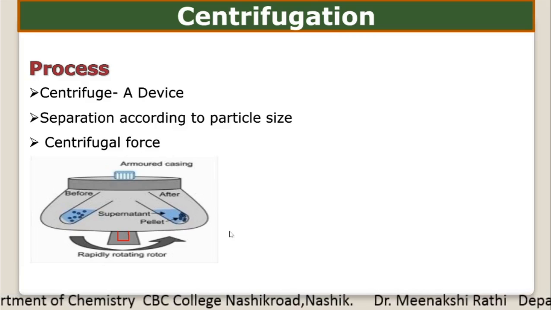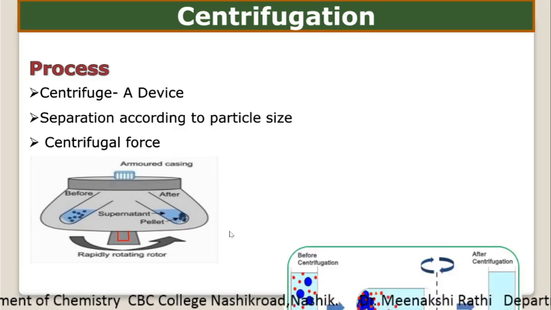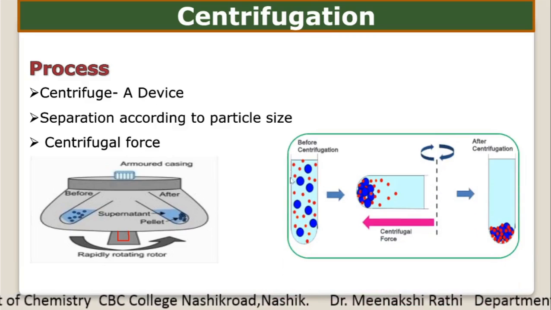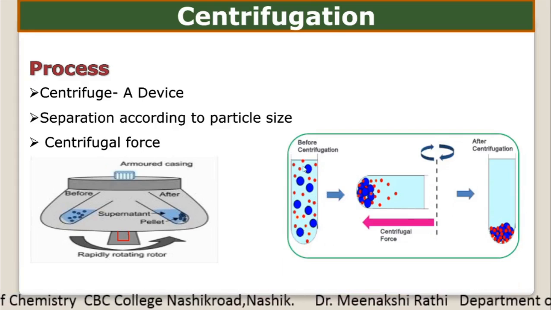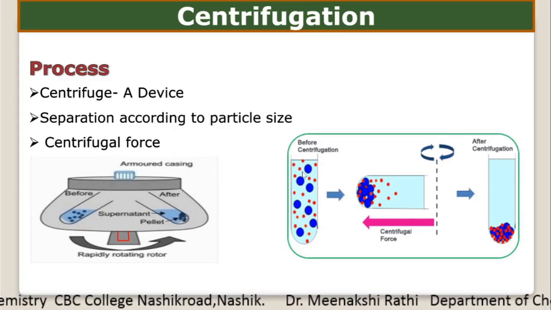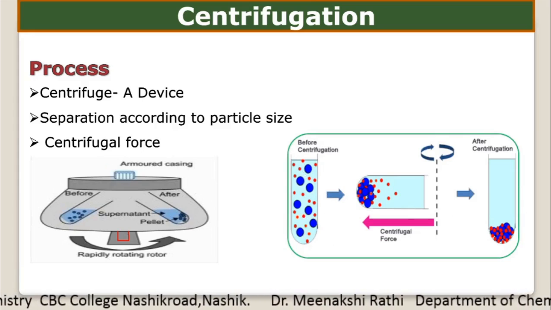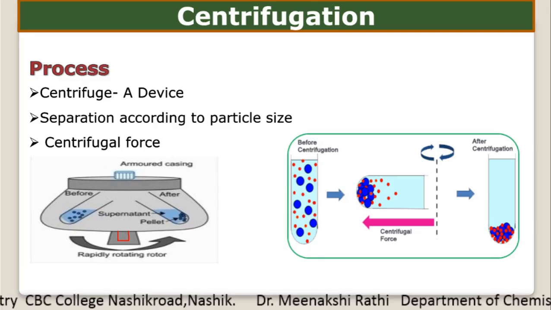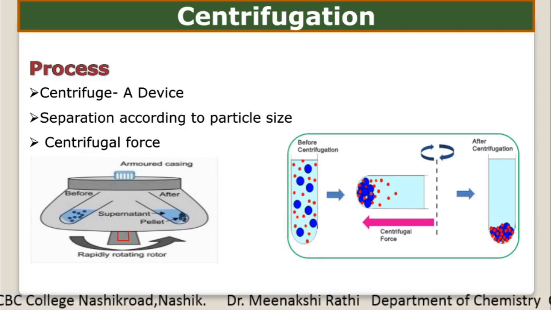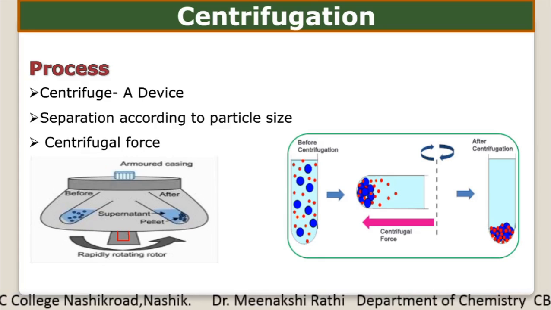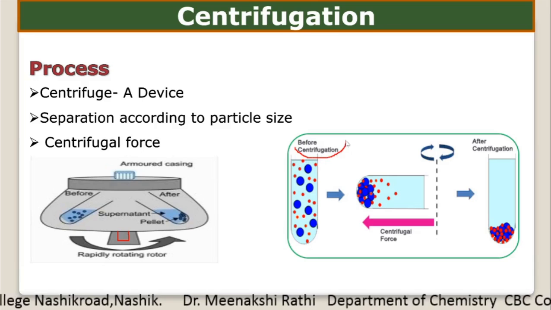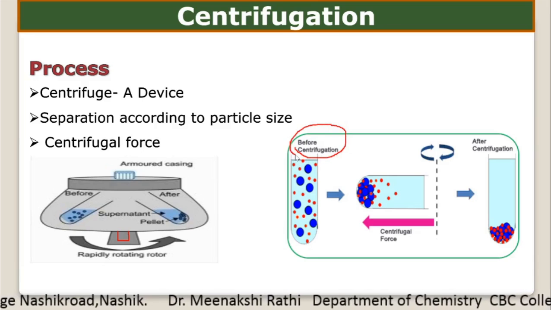Now, to understand the process easily, here I have taken one more diagram. Now you can see this is the centrifugal tube, and in this centrifugal tube the sample is taken. The sample contains some bigger molecules, some smaller molecules, and here we want to separate all these molecules from the liquid. So this is the condition before the centrifugation.